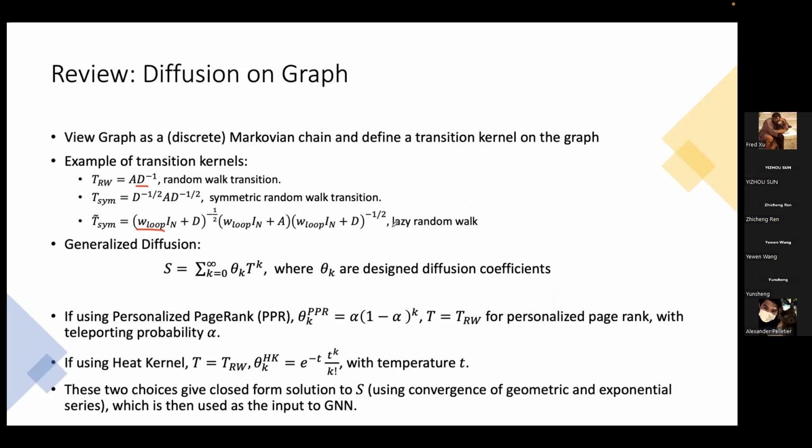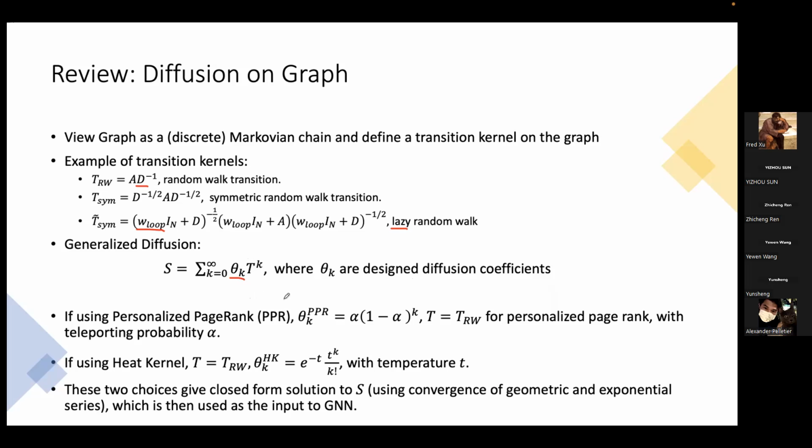That's why it is called the lazy random walk. And then the generalized diffusion on a graph is basically you sum up all the possible k-step diffusions, where T is the general transition kernel and the theta k's are called diffusion coefficients. They determine how strong the diffusion is at each k.